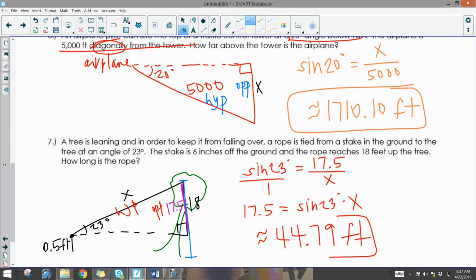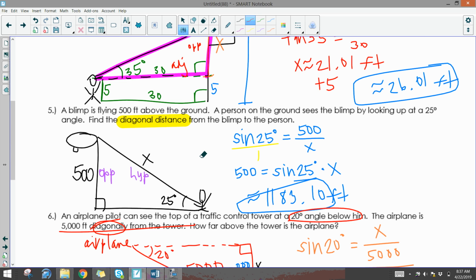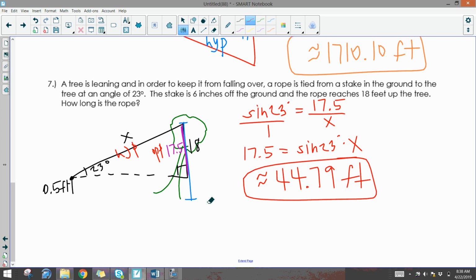So you guys, this is my final answer because I already took that 6 inches, the 0.5 feet into account when I subtracted it from the 18, so I don't have to do it again. Whereas up here, I had added at the end because I found the short distance and needed the whole. Here I was given the whole distance, didn't need it, I had to cut it off and use the short distance. So that is your final answer.